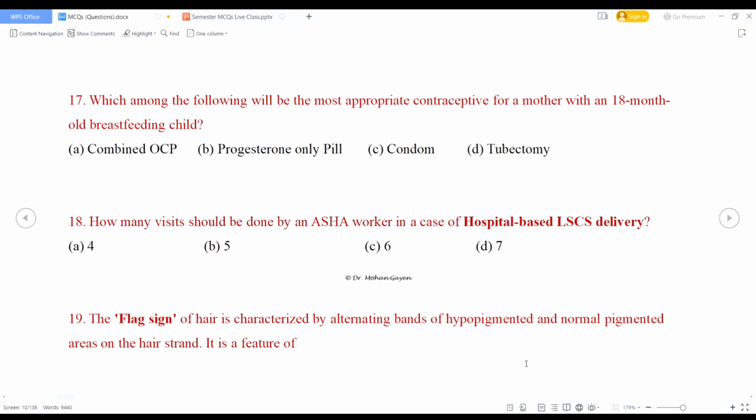During exclusive breastfeeding period, combined OCP is contraindicated, but after that period, combined OCP will be the most appropriate option. So here the age of the child is 18 months. So combined OCP will be the best option among these.